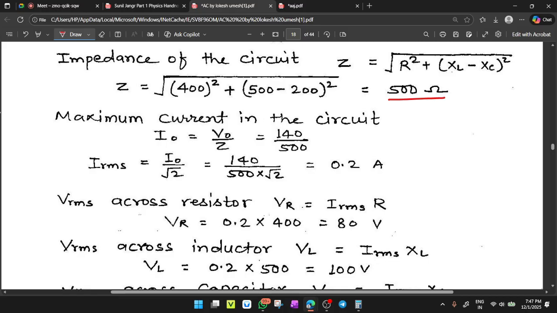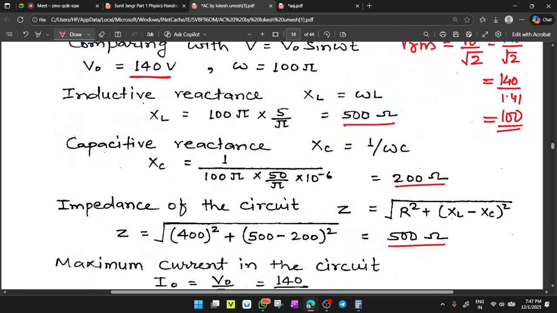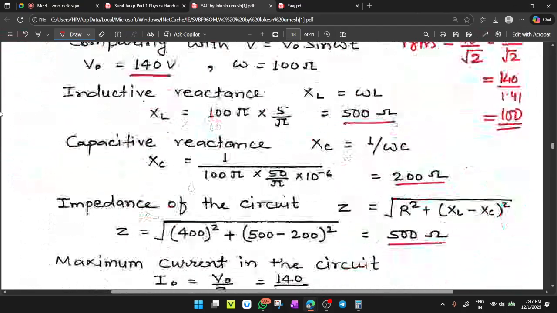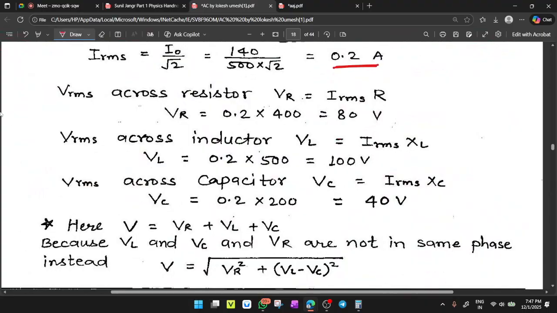Now, you know in a series circuit the same current flows, so the Irms here equals 0.2. Multiply this Irms by R, so you will get the value of VR. So VR equals 80 volt, VL equals 100 volt, and VC equals 40 volt.